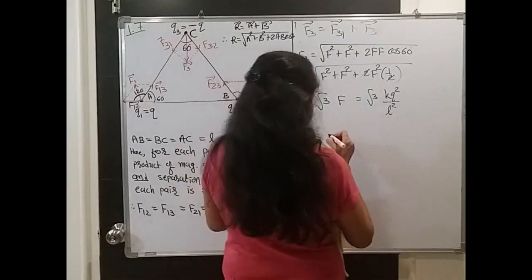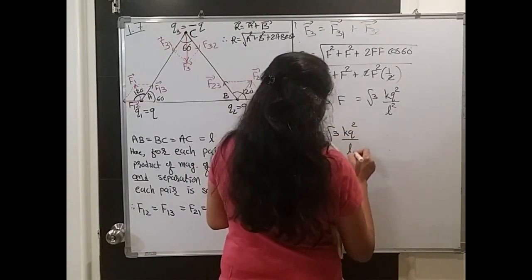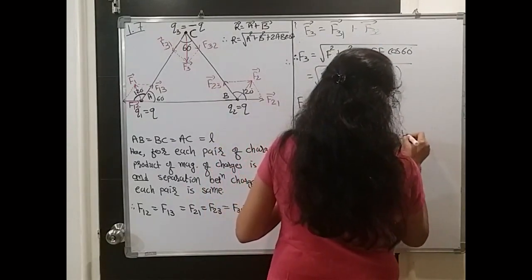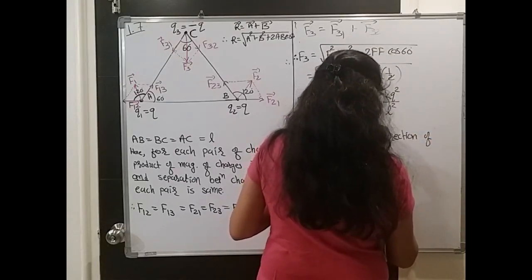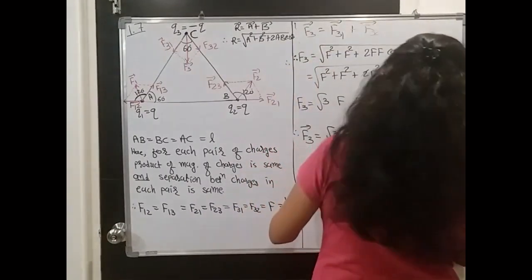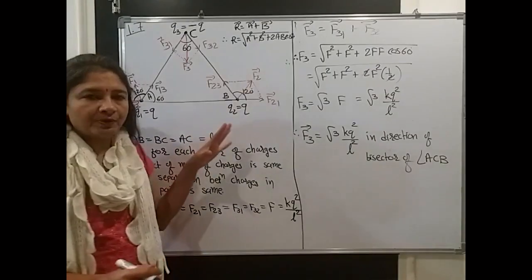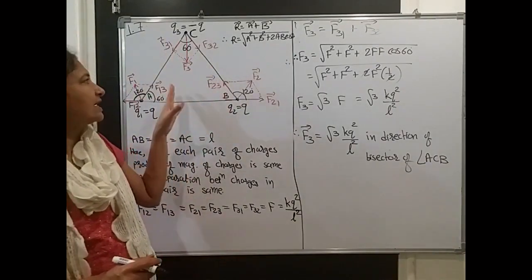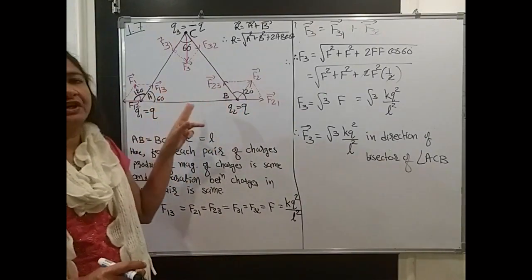So F3 is equal to root 3 KQ square upon L square in the direction of the bisector of angle ACB. Okay, so in this way we have obtained the magnitude as well as the direction of the forces acting on the three charges kept on the vertices of this equilateral triangle.